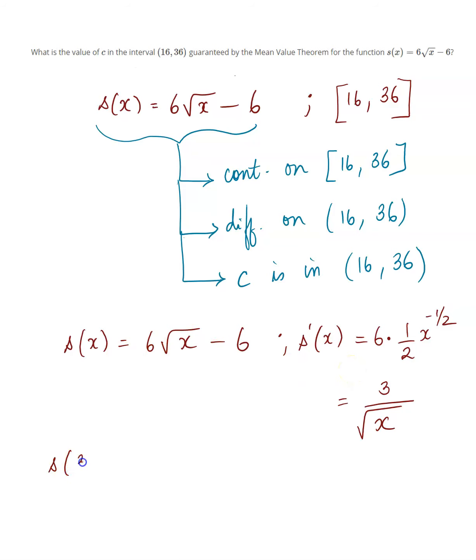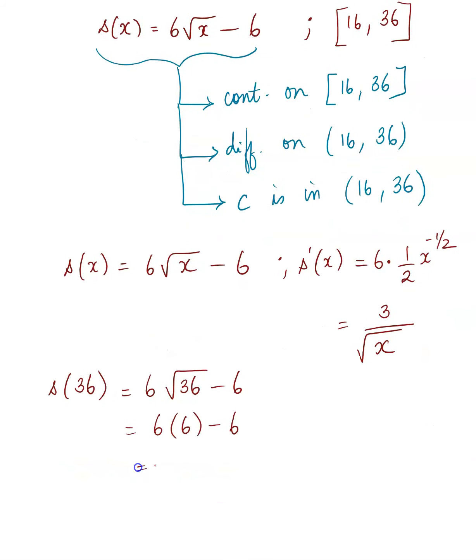We need s of 36. S of 36 will be 6 times square root of 36 minus 6, which is 6 times 6 minus 6. 36 minus 6, which is 30.